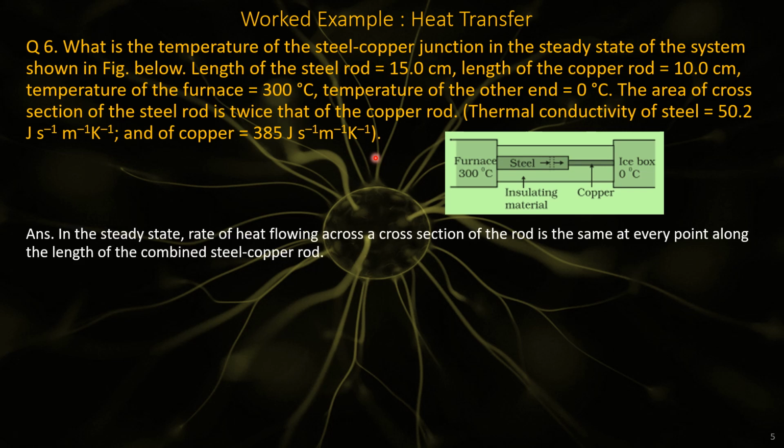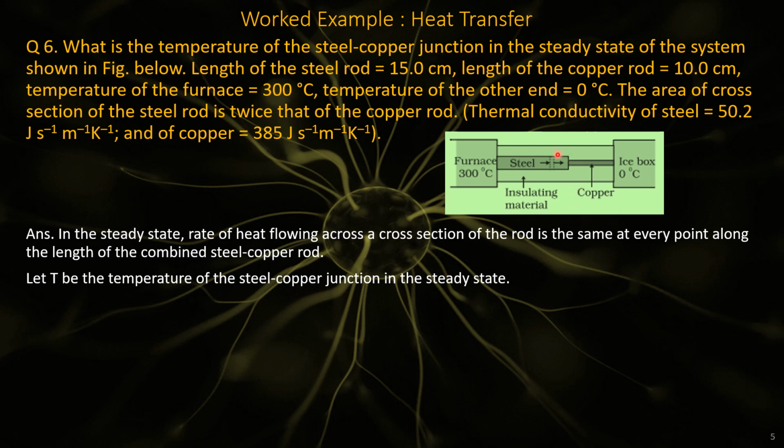So let us solve it. Answer. In the steady state, the rate of heat flowing across a cross section of the rod is the same at every point along the length of the combined steel copper rod. So that means in steady state, the rate of flow through the cross section of the steel rod as well as the copper rod is the same. Let T be the temperature of the steel-copper junction.